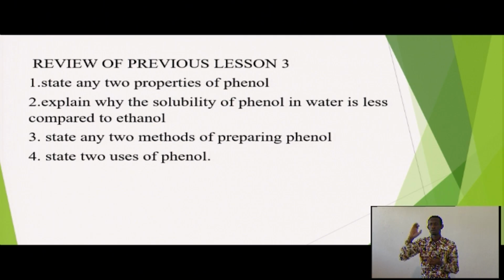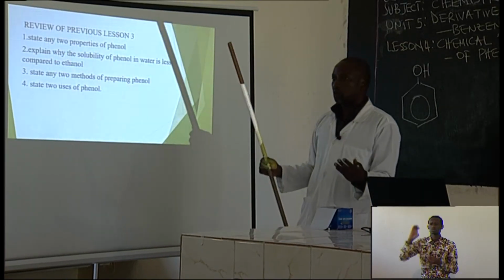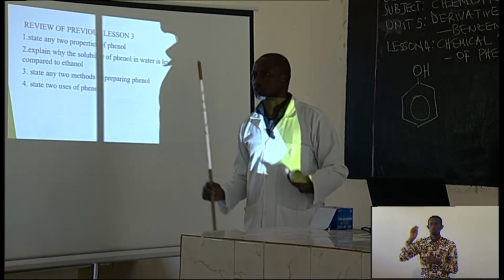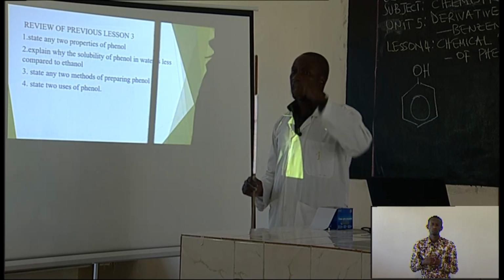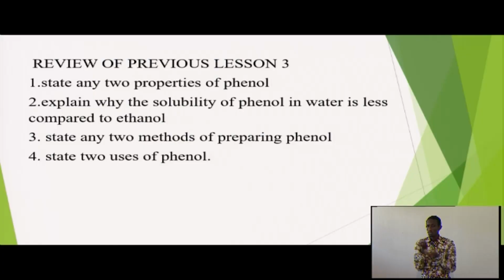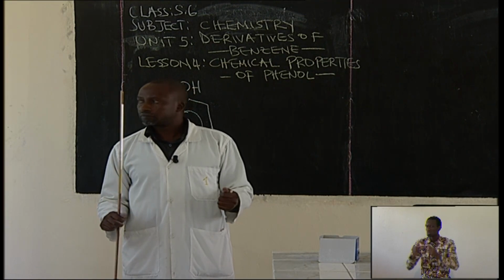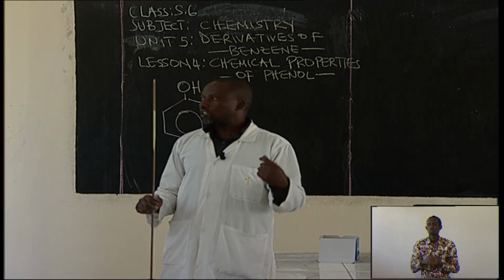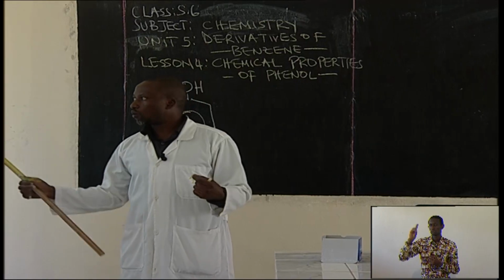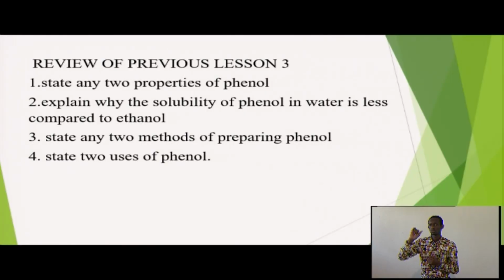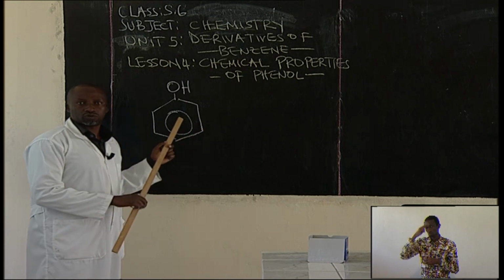We said phenol is fairly soluble in water, but at high temperatures above 65, it can dissolve in water. The solubility is reduced in water compared to that of ethanol because of the high carbon content, the non-polar group.